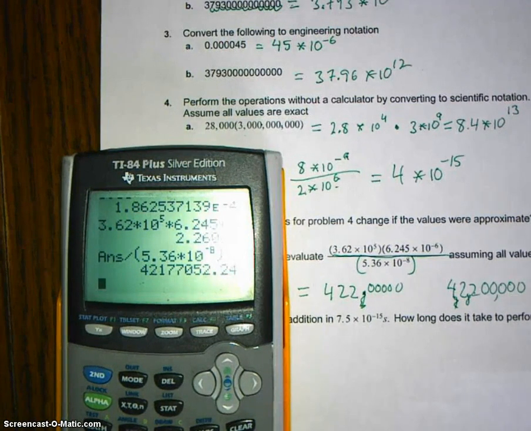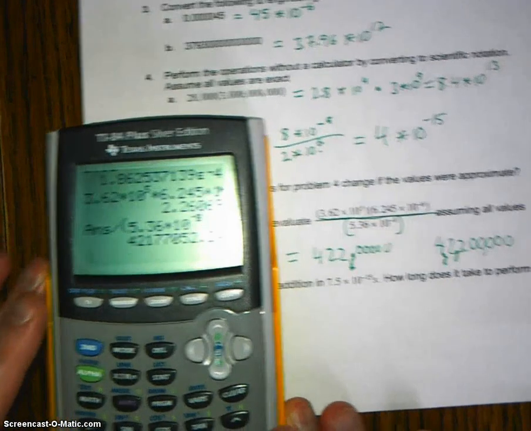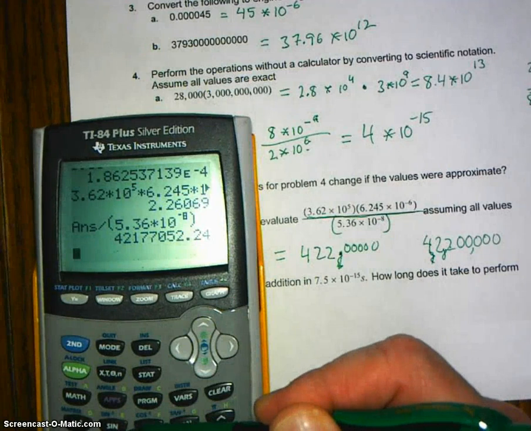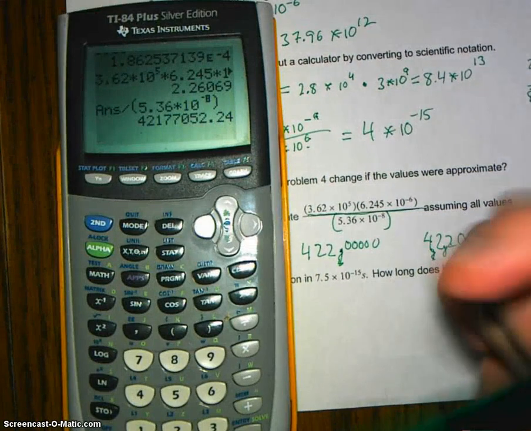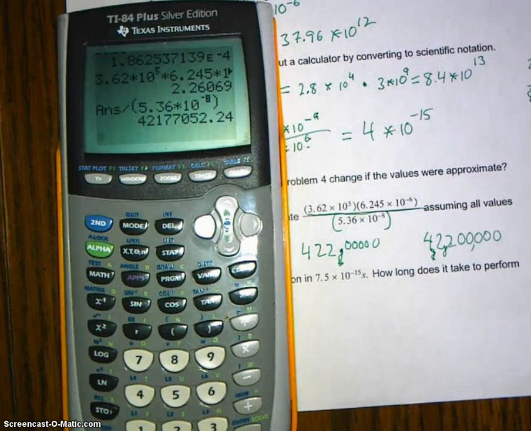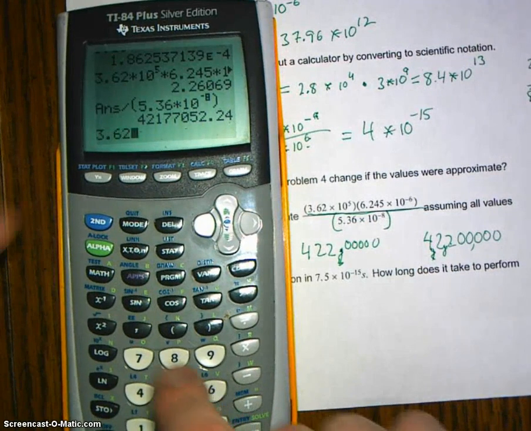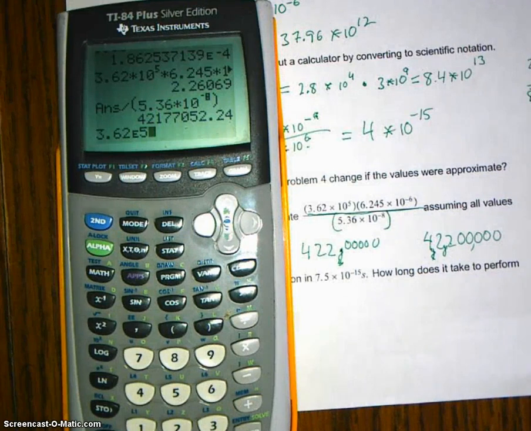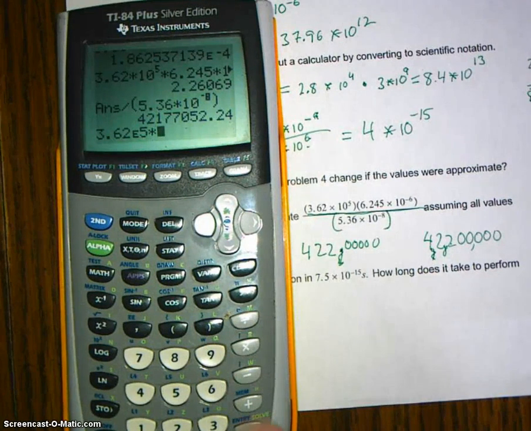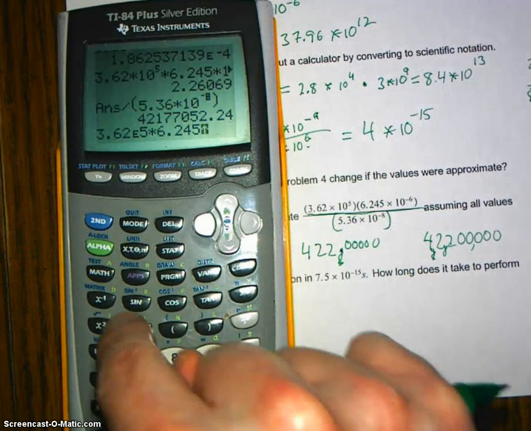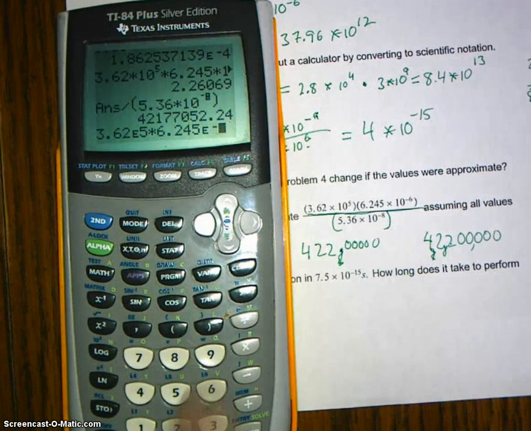Your other option for doing this is to use the calculator's scientific notation, which is this EE button. You can't see it because it's too low. This EE button. So I'm going to redo this problem. I could do 3.62 E5. That means 3.62 times 10 to the 5th times 6.245 times 10 to the negative 6.